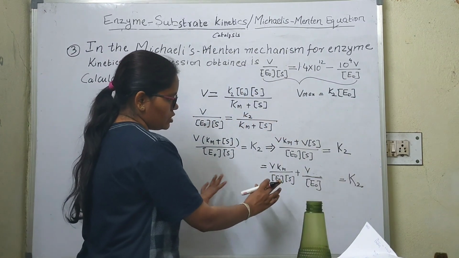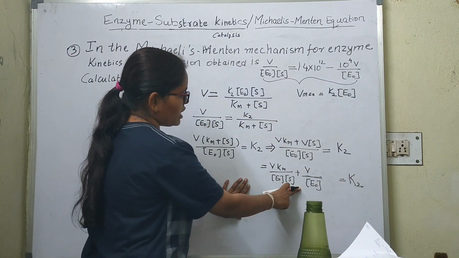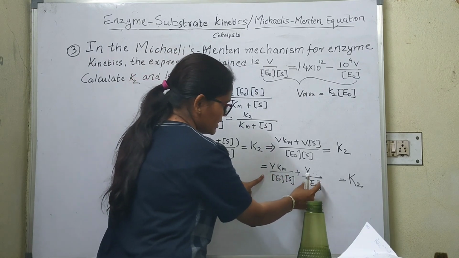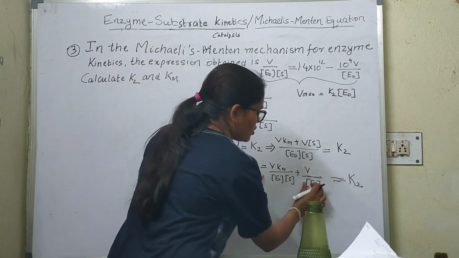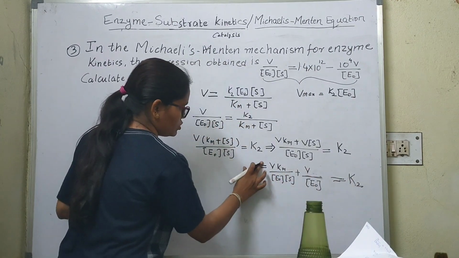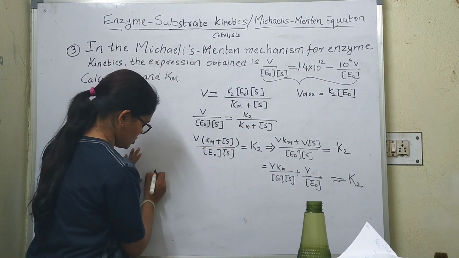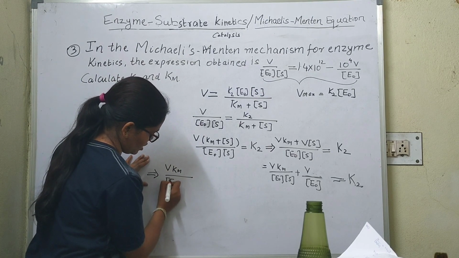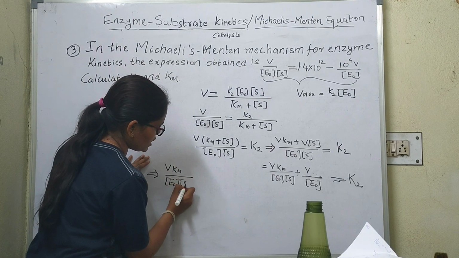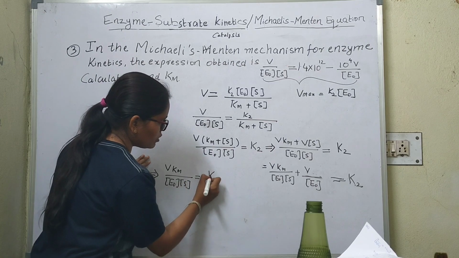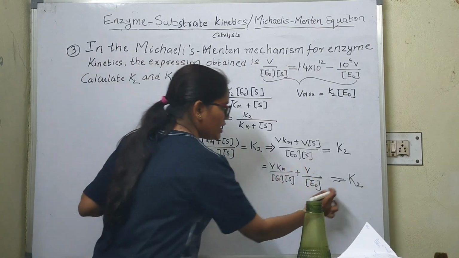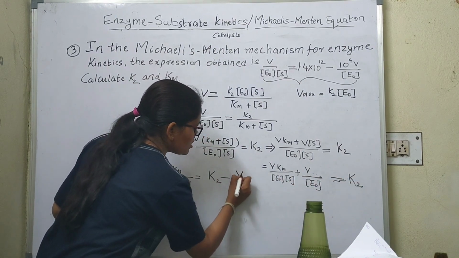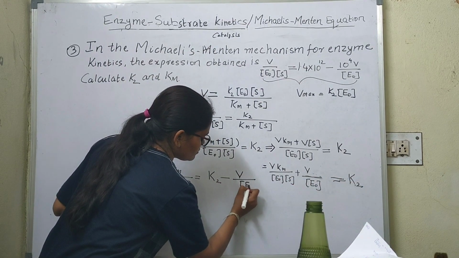Now I can take this entire term on the right hand side. So V Km by E naught into S is equal to K2 minus, so I am taking this on the right hand side, so it becomes minus V over E naught.